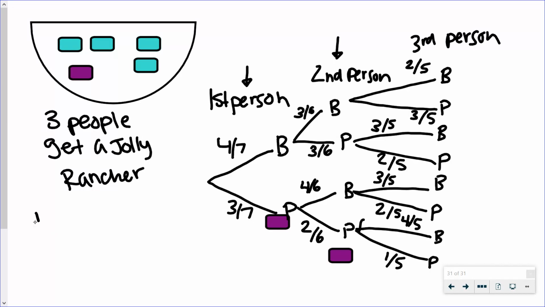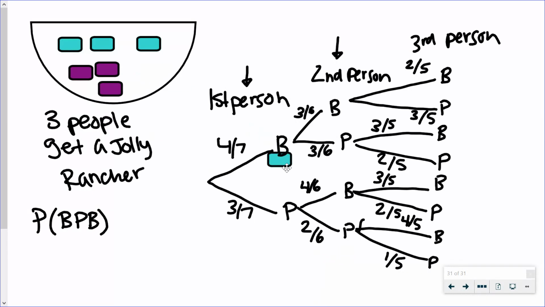Now the probability that I get a blue and then a purple and then a blue, I'm going to represent on my tree. So I'm going to follow the path that shows a blue first, and then a purple, and then a blue. And so those are the numbers I'm going to use, those numbers on those paths.